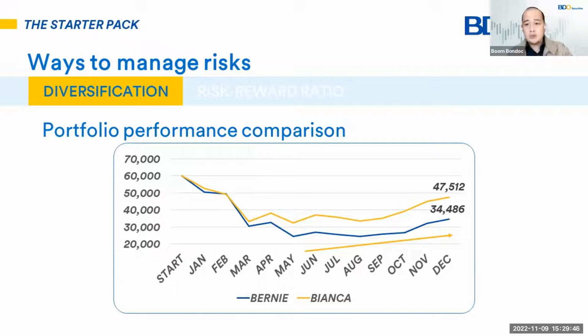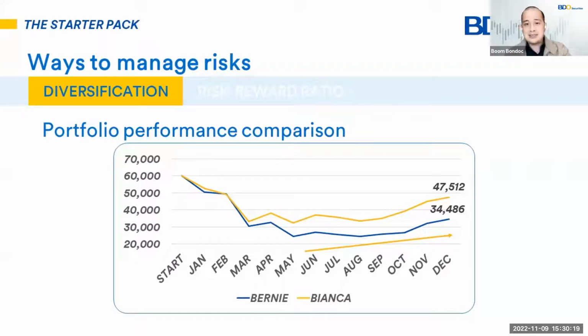Why? In coming up with this graph, Bianca actually invested in different stocks in different sectors. She had names in telco, names in properties, and so on. While Bernie only invested in one name. So as you can see, if something happened to that specific name, his portfolio or funds would be dragged down right away.